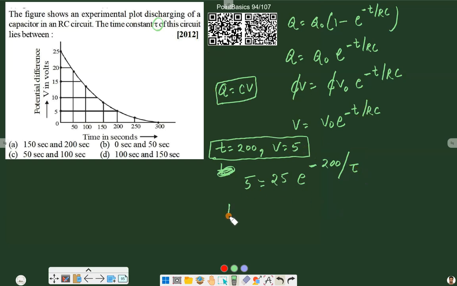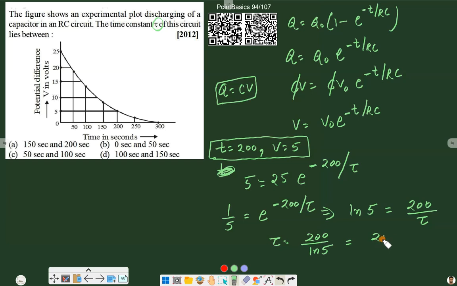So this will be 1/5 = e^(−200/τ), and we can transform it into ln 5 = 200/τ, so τ = 200/ln 5.